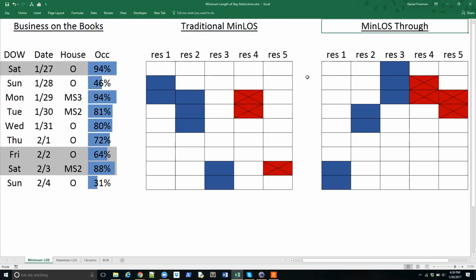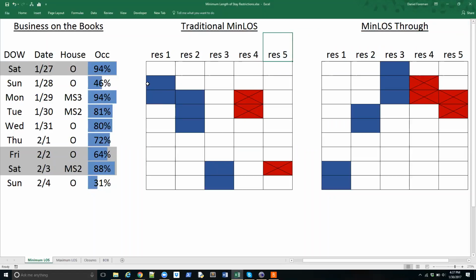So the difference between those two is a traditional length of stay restriction is only going to affect the night in question for arrivals, and then the min stay through takes whatever rule that you add and applies it to all reservations that are quote unquote staying through that particular date. So that's why that extra word is added on there. So the min length of stay through.